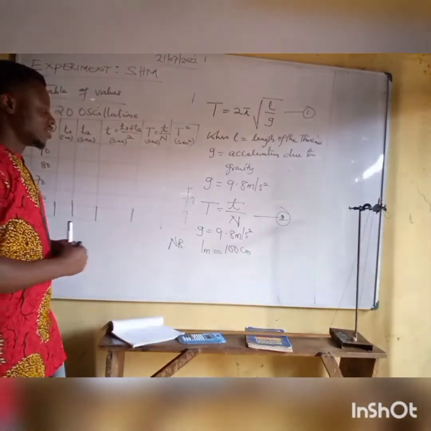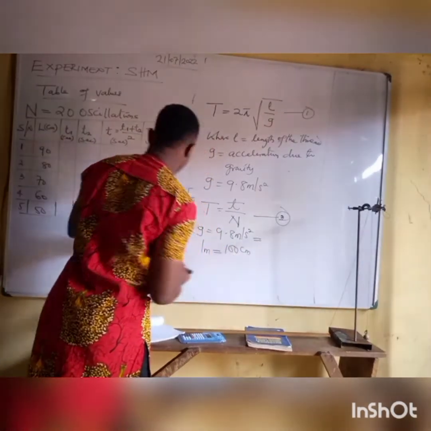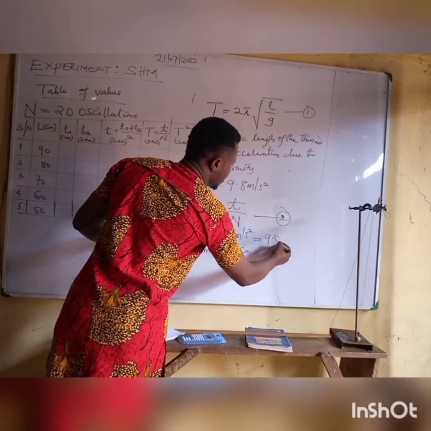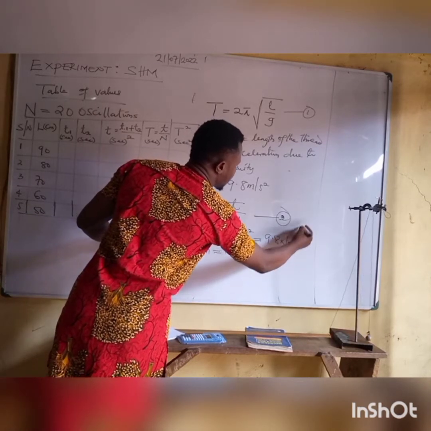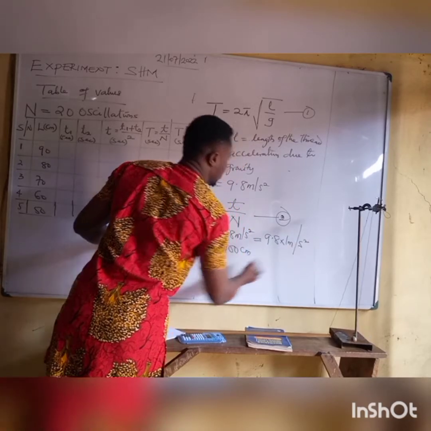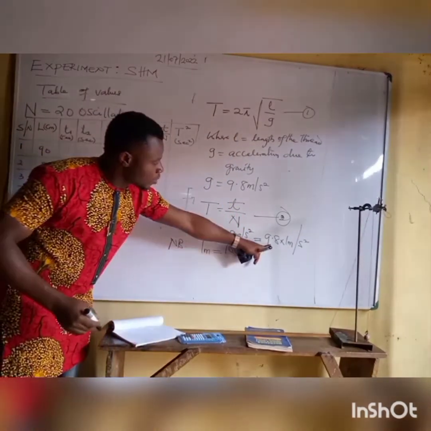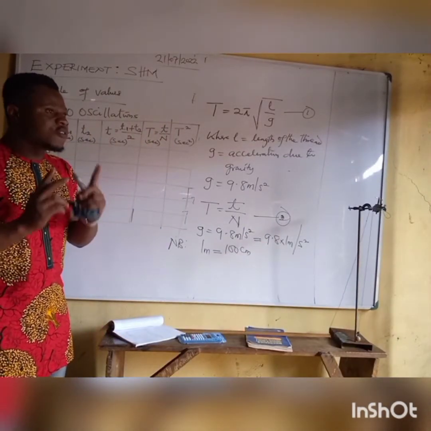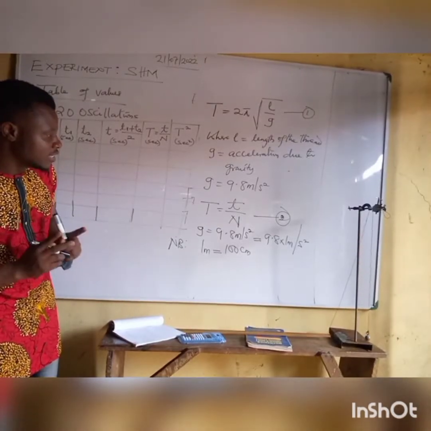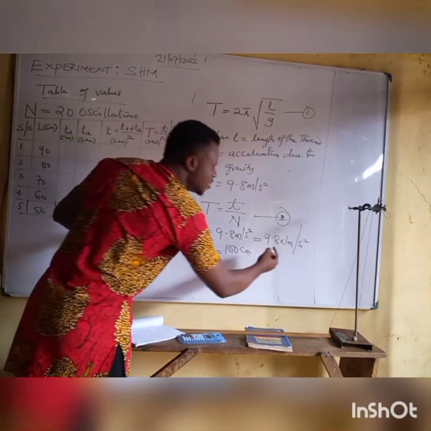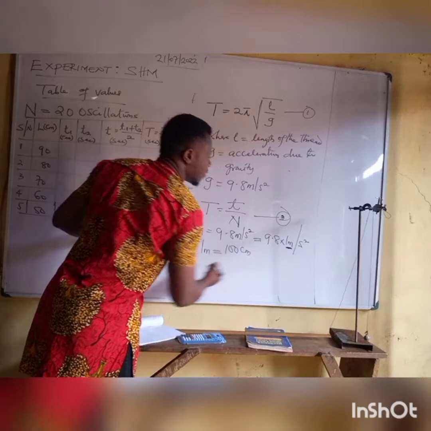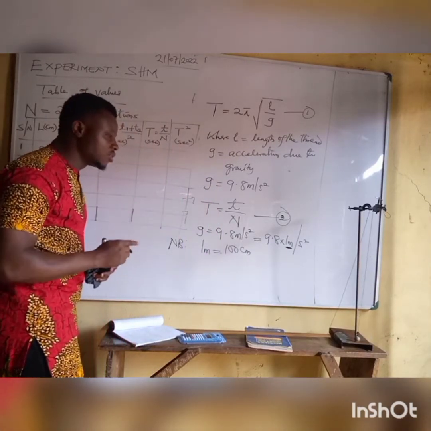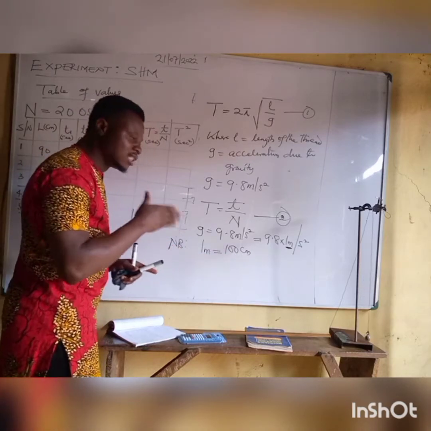I can come here and say that I have 9.8 times 1 meter per second square. I am correct, 9.8 times 1 is 9.8. So if 9.8 times 1 is 9.8, any place I see 1 meter, I can represent that 1 meter with 100 centimeter.